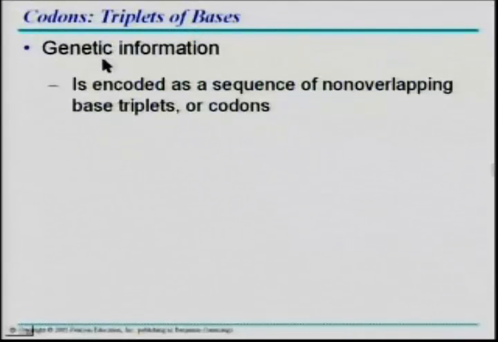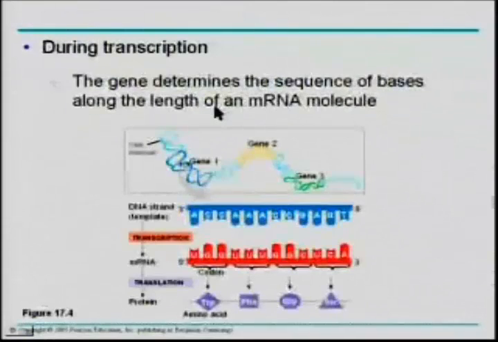Anyway, the genetic information is encoded as a sequence of non-overlapping base triplets, or codons. During transcription, the gene determines the sequence of bases along the length of an mRNA molecule. So here we see a DNA molecule, the double helix, gene 1, gene 2, and gene 3.